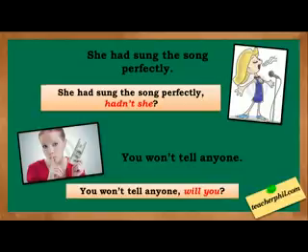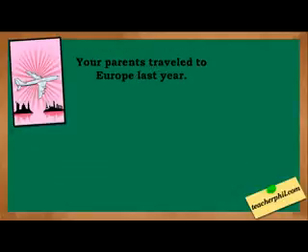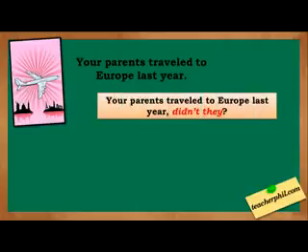Won't is a contraction of will not. Therefore, will should also be used in the tag. The fourth one, your parents traveled to Europe last year. The correct answer is, your parents traveled to Europe last year, didn't they?